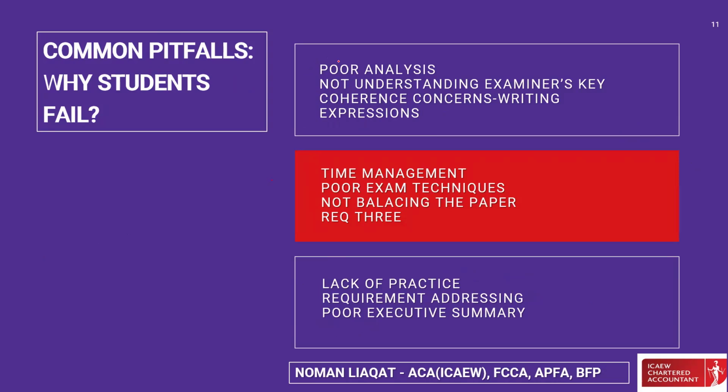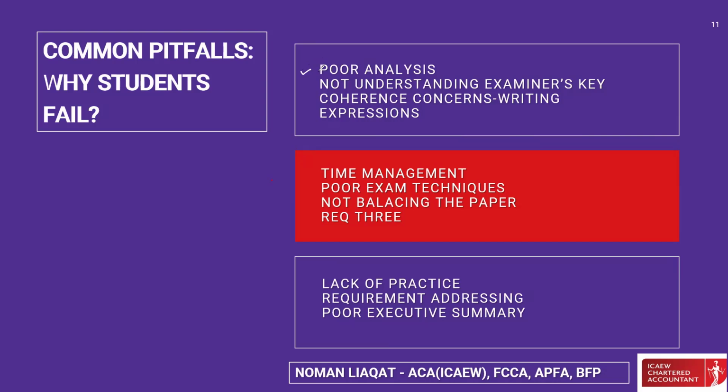Now let's talk about why students fail. There are multiple reasons why students fail. Let's talk about them one by one. Poor analysis. First of all, if you perform poor analysis, either of your advanced information or of your exam paper, then unfortunately it looks like you are going to fail your exam.